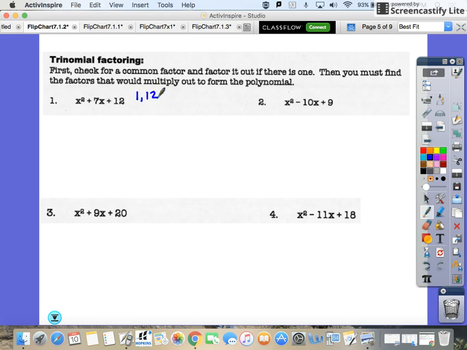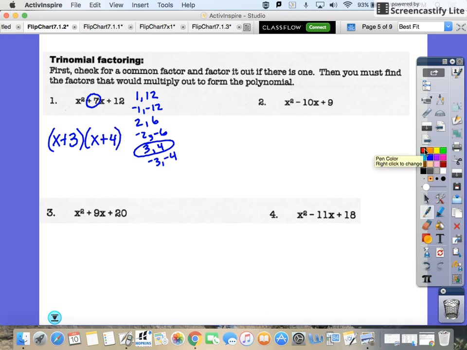We'd have 1 and 12, -1 and -12, 2 and 6, -2 and -6, 3, 4, -3, -4. Now, they have to add to +7. So the things here that add to +7 are 3 and 4. So we go x plus 3 times x plus 4.